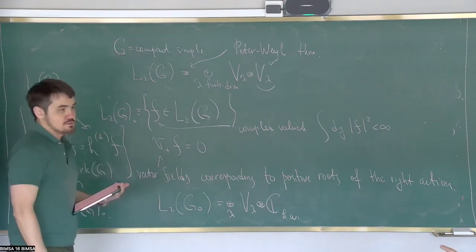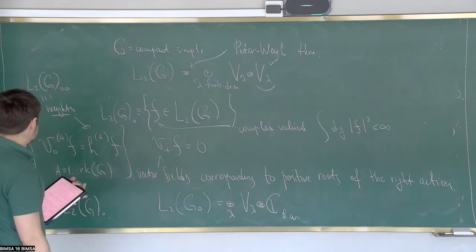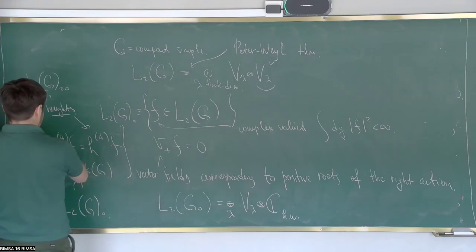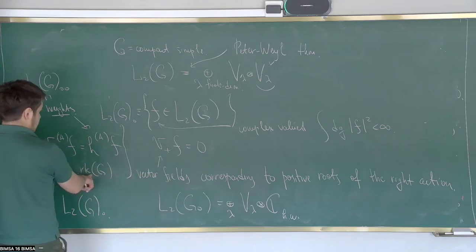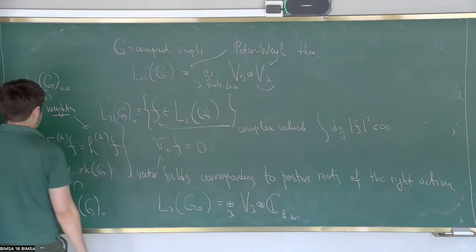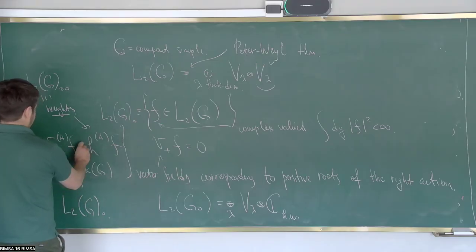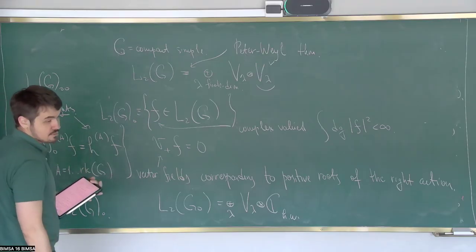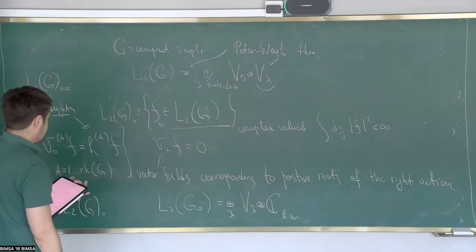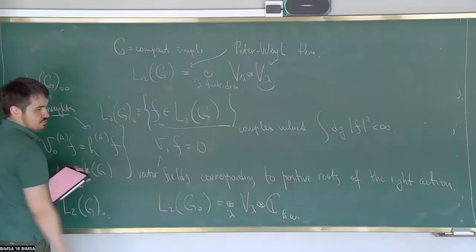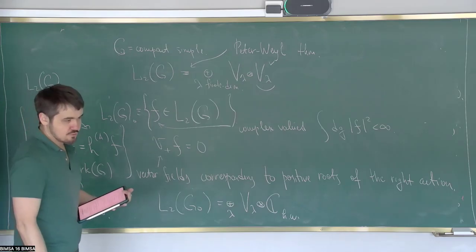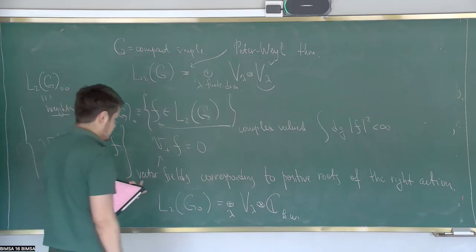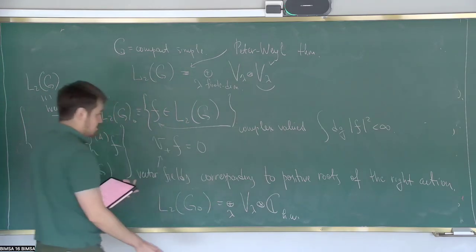So V0 is another vector field. Yes, there are A vector fields corresponding to the Cartan of the G, and we require that our functions are eigenvectors of these. And of course, they cannot be arbitrary; they have to be integer, and so the eigenvalue has to be integer and so on, corresponding to the weights. Otherwise, we get 0, right? I mean, empty space.